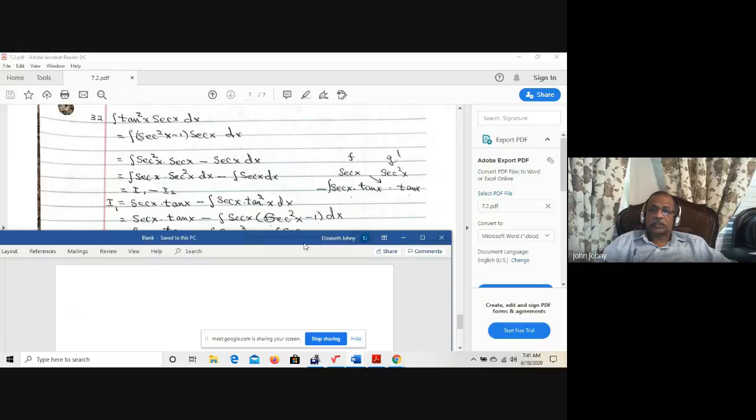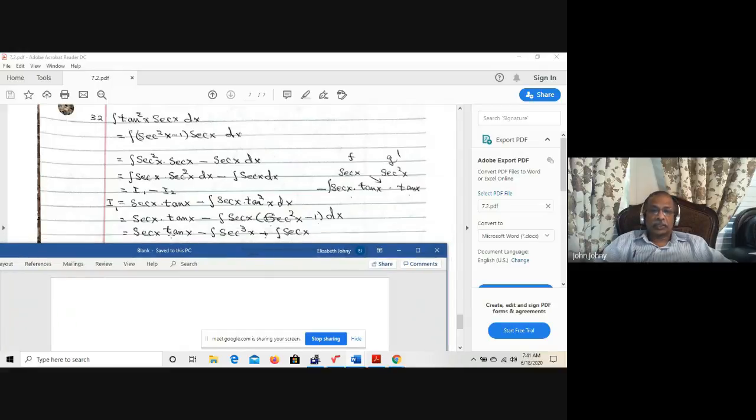tan square x, which is secant square x minus 1. That is equal to secant x times tan x minus secant cubed x, plus, two negatives makes a plus, dx is missing here, so minus secant cubed x dx plus secant x dx.